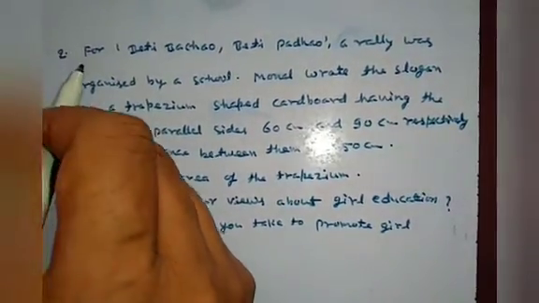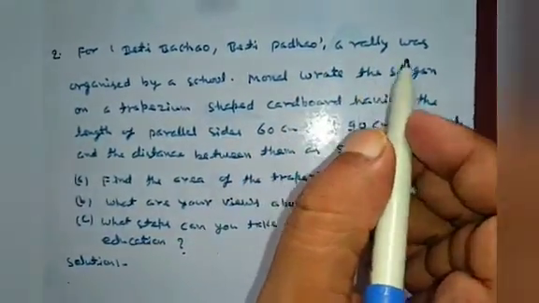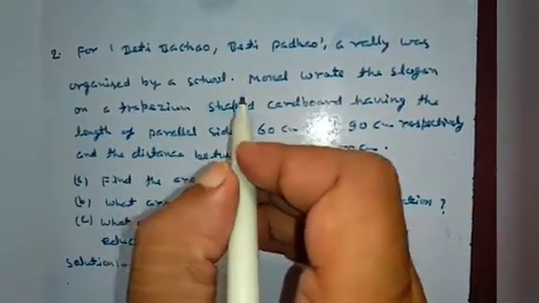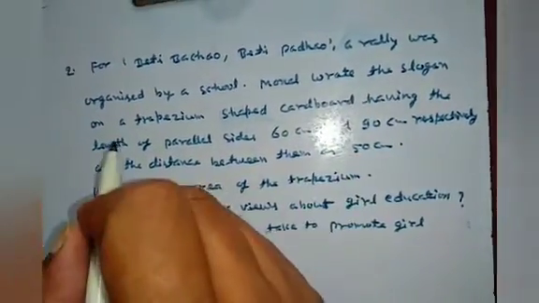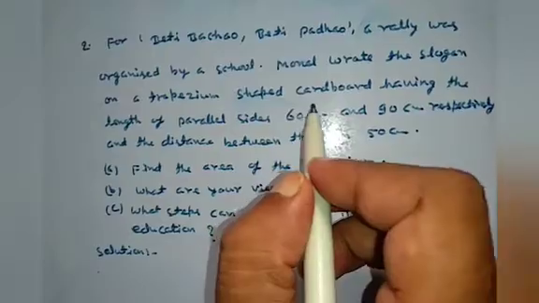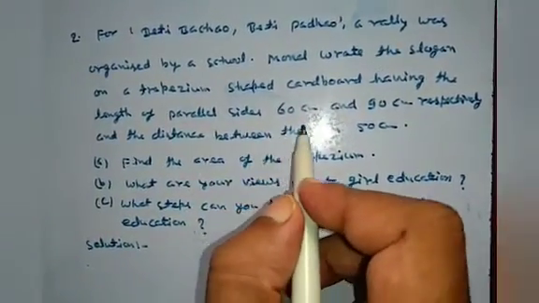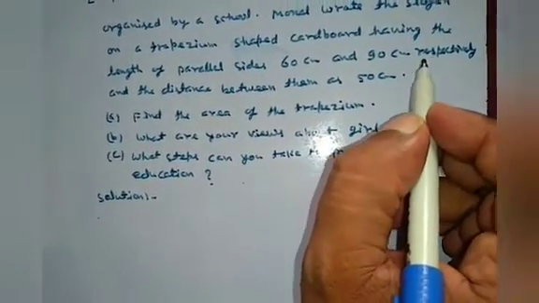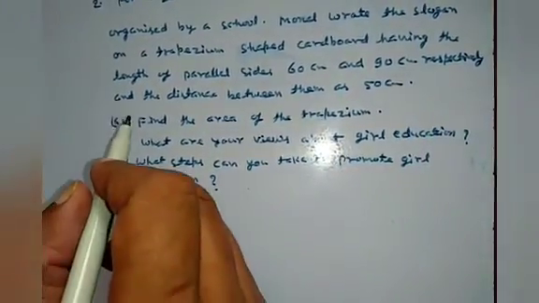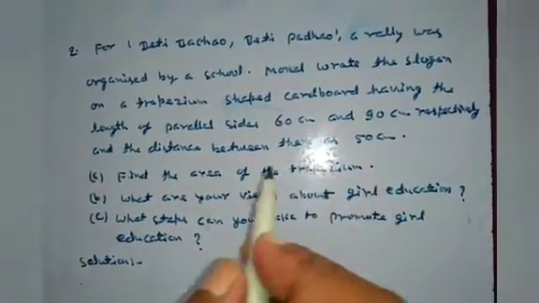Question 2. For Beti Bachao Beti Padhao, a rally was organized by a school. Monal wrote the slogan on a trapezium-shaped cardboard having the length of parallel sides 60 cm and 90 centimeter respectively, and the distance between them as 50 centimeter.